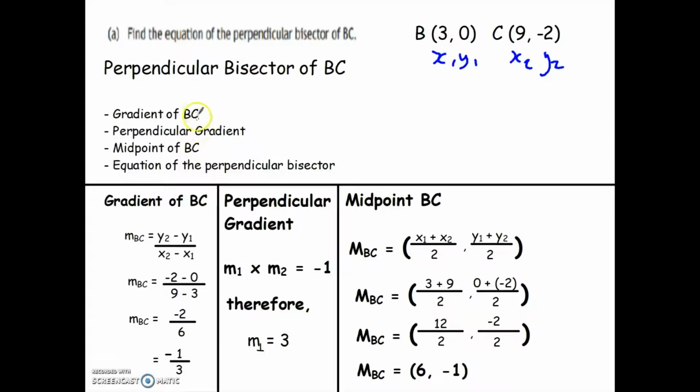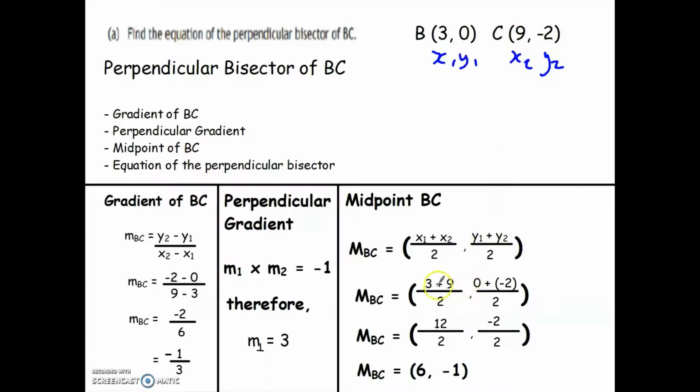We've done the first two parts. Now we can do the midpoint of BC. We find the midpoint of BC by using our formula x1 plus x2 over 2 and y1 plus y2 over 2. We then substitute our numbers in. 3 plus 9 over 2, 0 plus negative 2 over 2. Now, a very common mistake to see at this level is for people to add 3 and 0 and divide by 2, 9 and negative 2 and divide by 2.